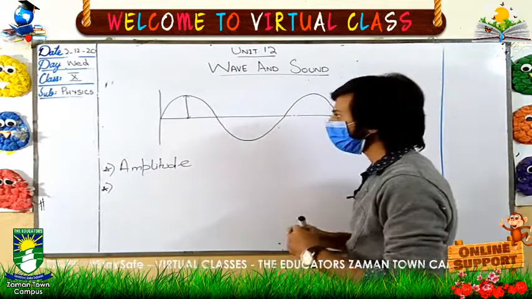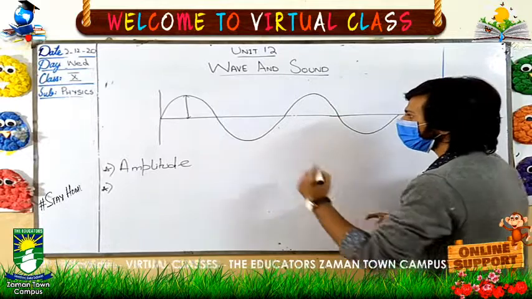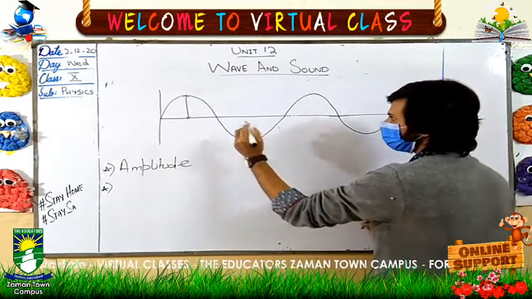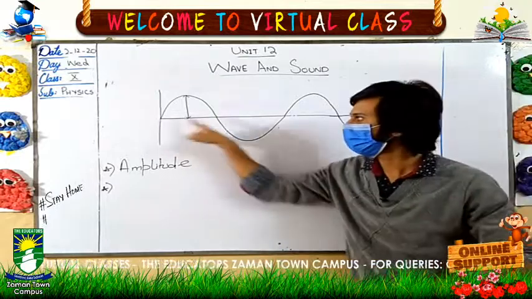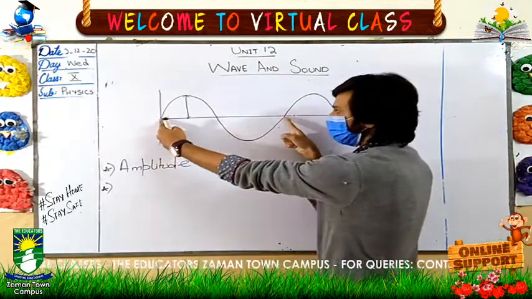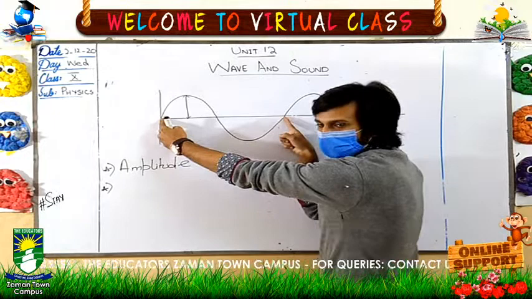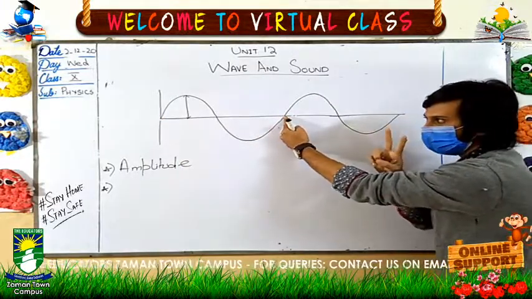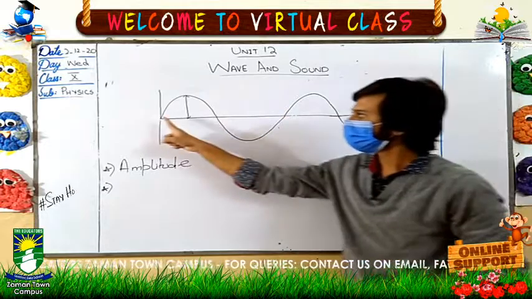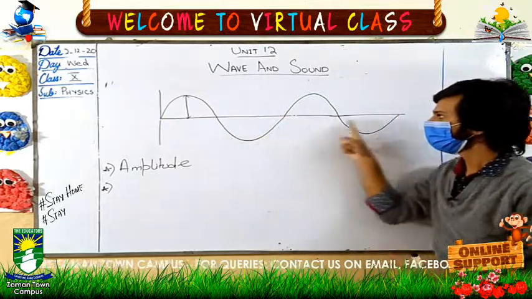Now moving to the second one, just consider the motion. Okay, tell me how many cycles are there? One. Look, from this point to this point, this is one complete cycle. And if I talk about this point to this point, this is the second complete cycle. So first cycle and second cycle.